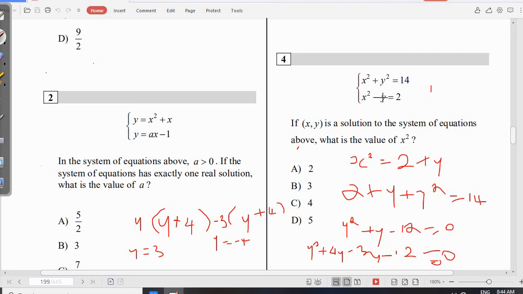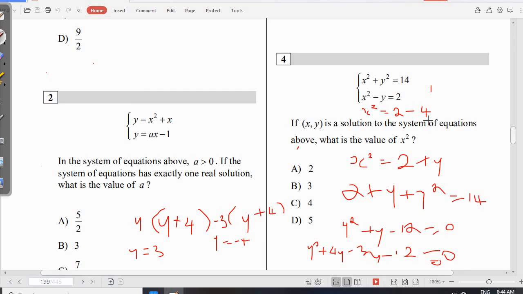Carrying to the other side, that's plus y, so we have x squared equal to 2 minus 4.